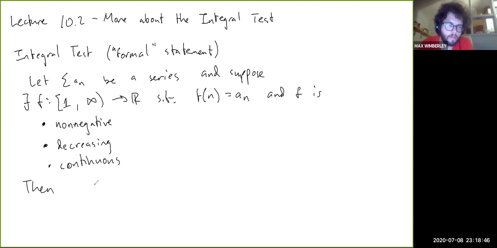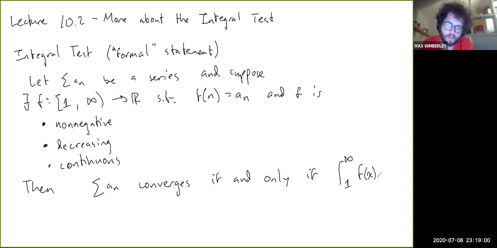Then the series a_n converges if and only if the integral from 1 to infinity of f(x) dx converges. So the convergence is the same, okay?